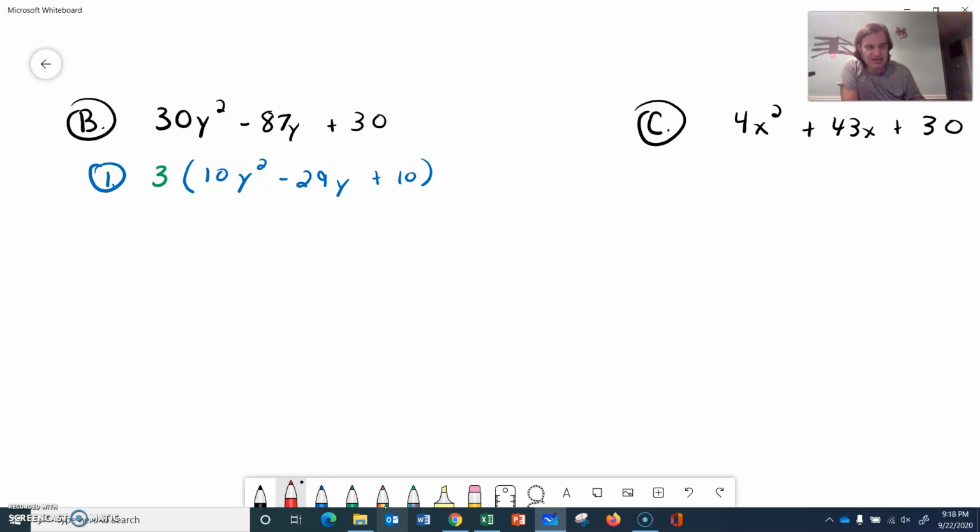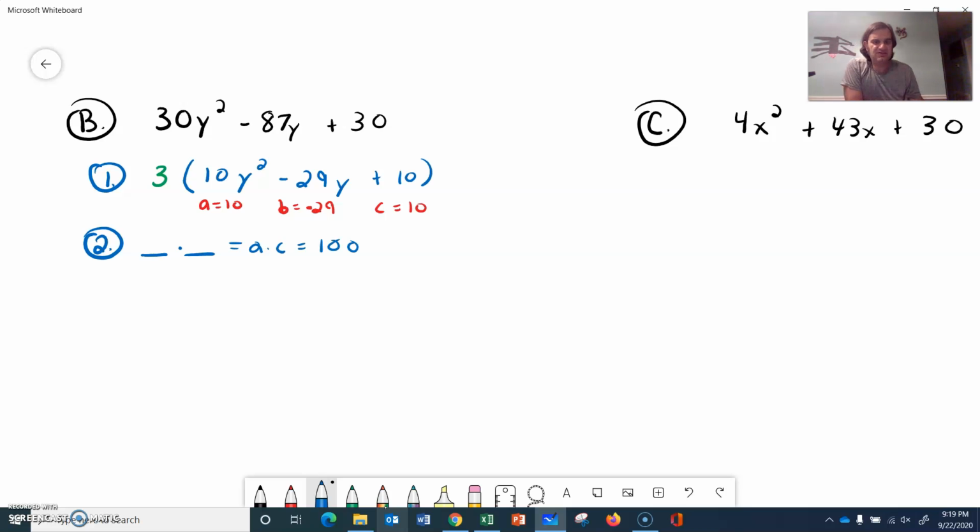So looking at that, we're going to break down the quadratic with A of 10, B of negative 29, make sure that negative comes with it, and C of 10. Okay, so let's work toward our two numbers. We need two things that multiply together to give us A times C, which would be 100.